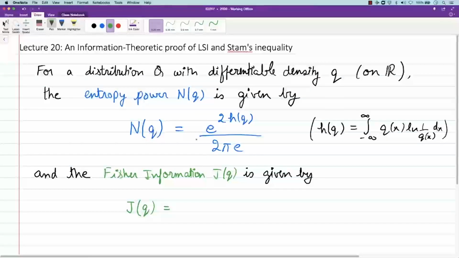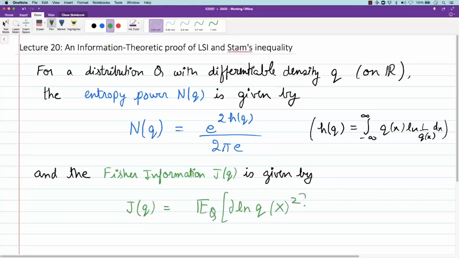Since we assume that the density is differentiable, we can take its derivative, and therefore we can also take the derivative of its log. This is the derivative of log of Q. Evaluate that function at x, take the square of it, and take the expected value under Q of this. Okay, this is the Fisher information.